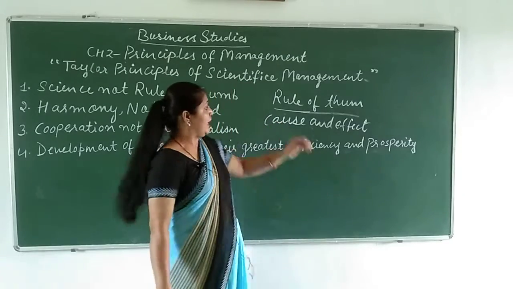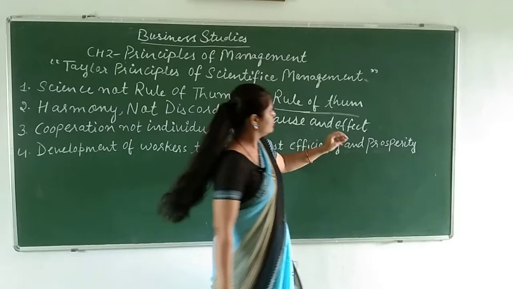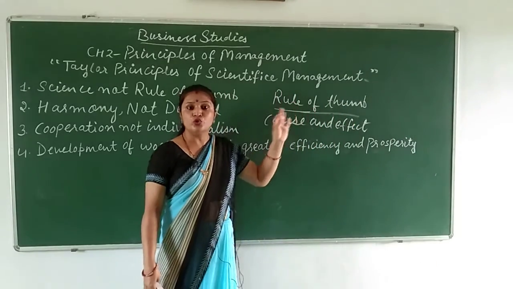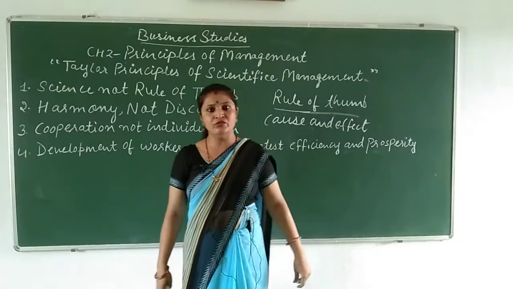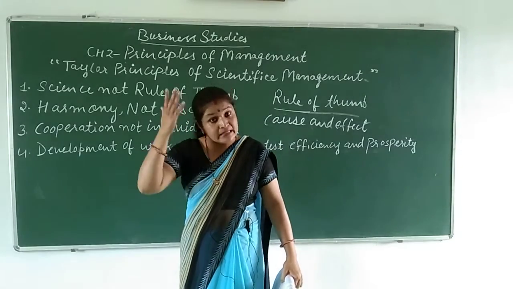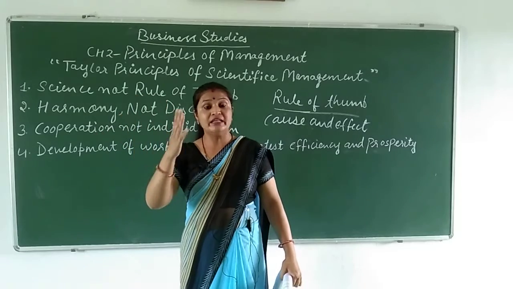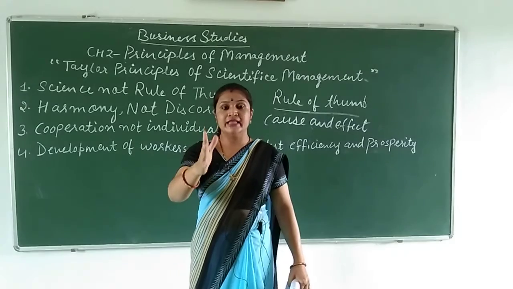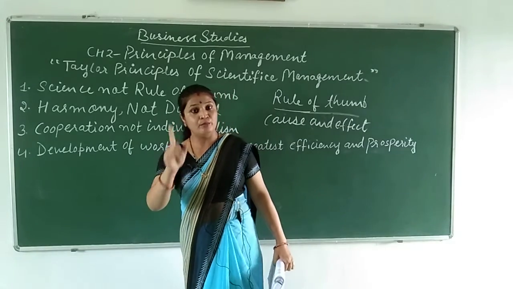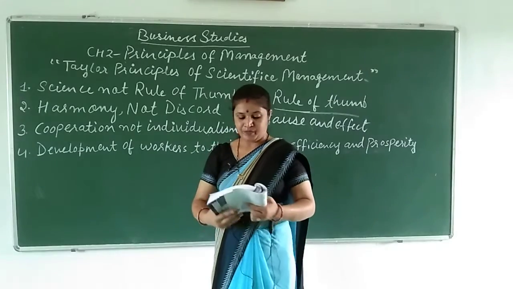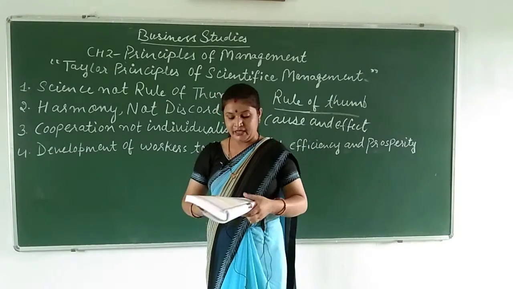But with rule of thumb, even the manager does not think deeply. He thinks, but not to the level that the situation needs. So Taylor said that everybody should think before taking the decision. It is based on scientific thinking.